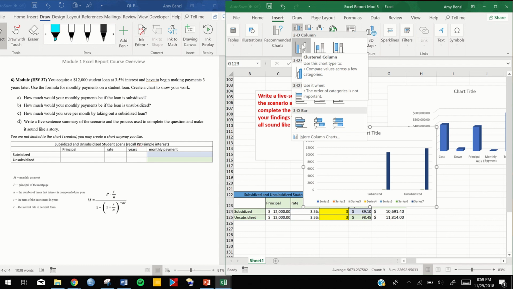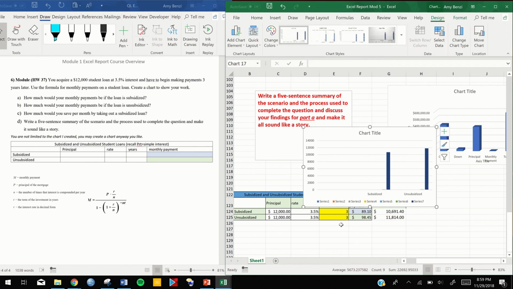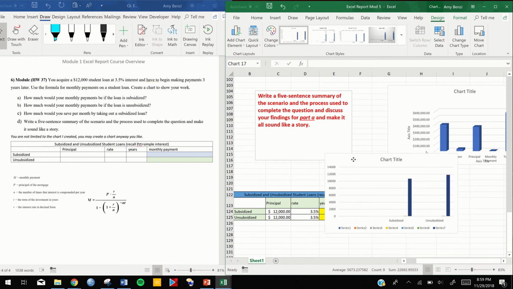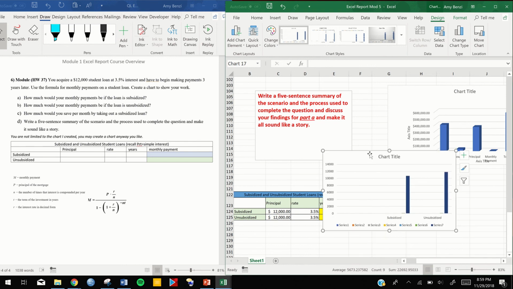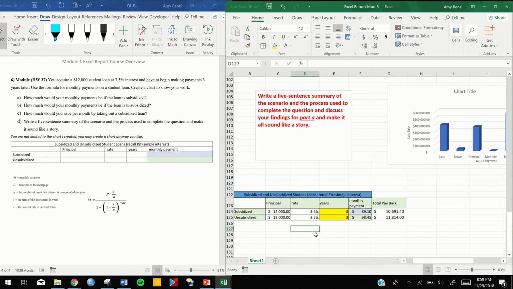I'm not really sure what I'm seeing here. I don't know what those series numbers are. So, I'm just going to leave you guys to figure it out. I think that might have been when I selected that top piece.